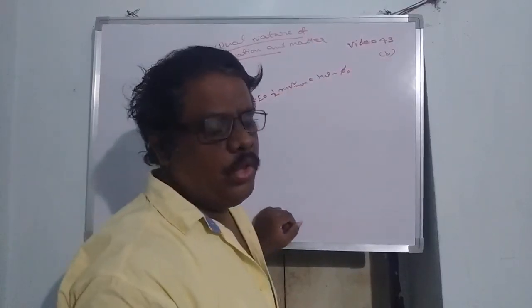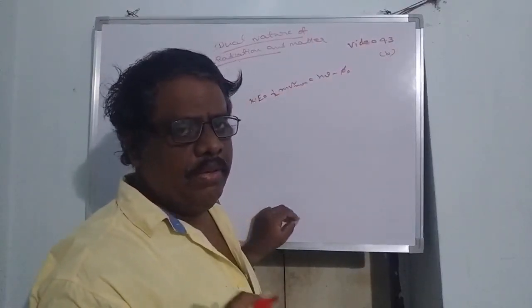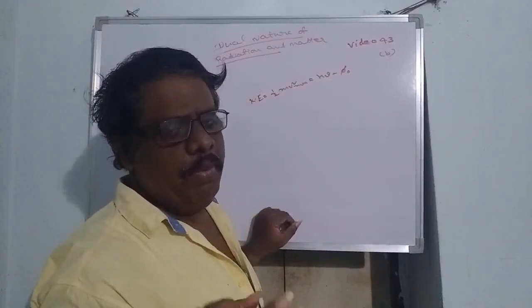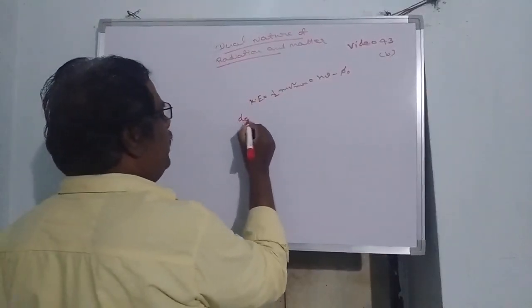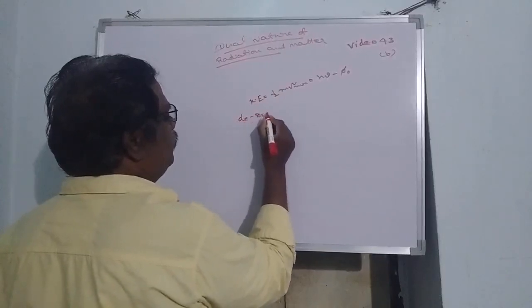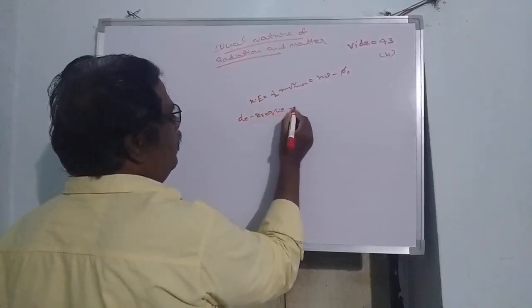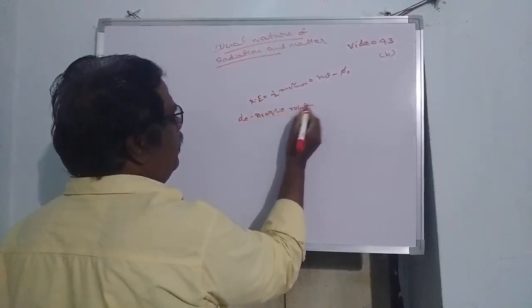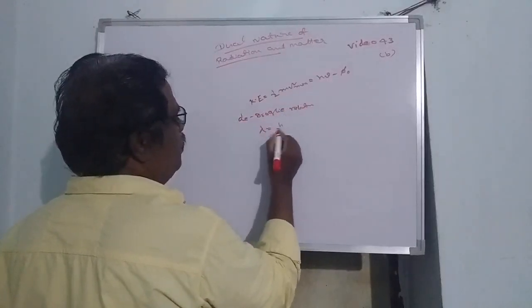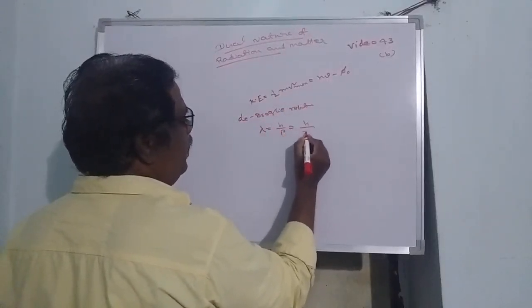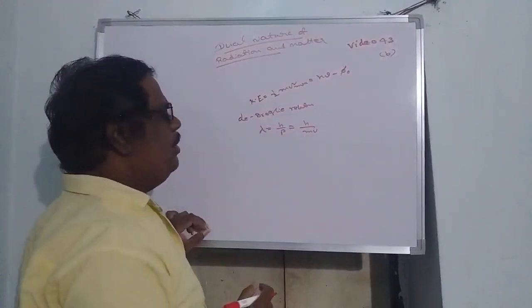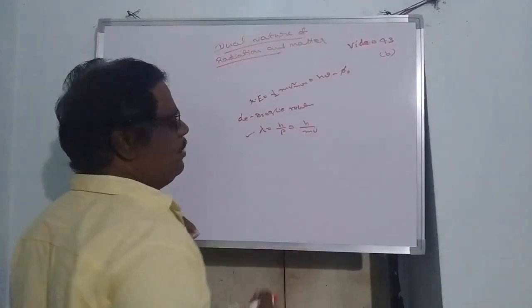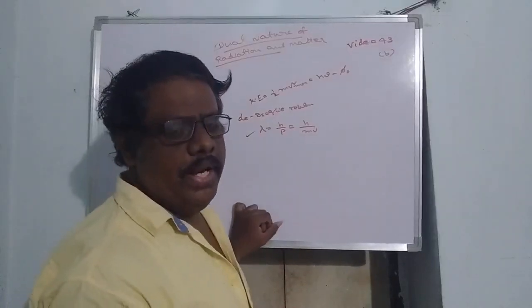Here h is Planck's constant, mu is the frequency of the radiation, and phi naught or W naught is the work function. Next, the de Broglie relation: lambda is equal to h by p, that is equal to h by mv. p is the linear momentum, that is mass into velocity. These are the important terms in the de Broglie relation.